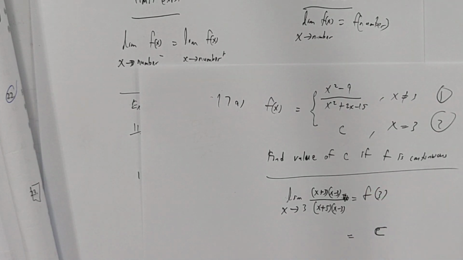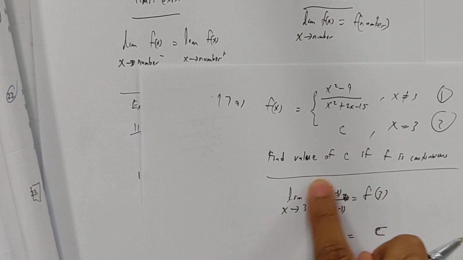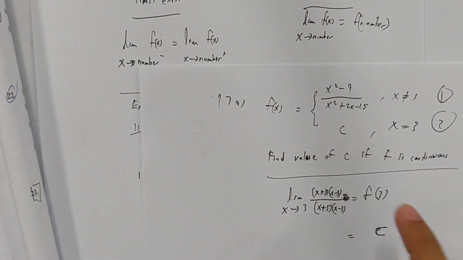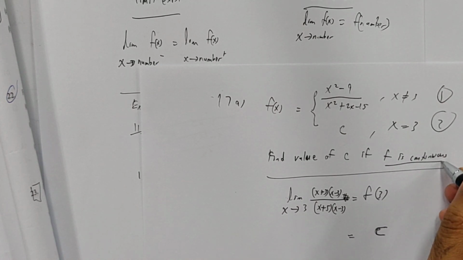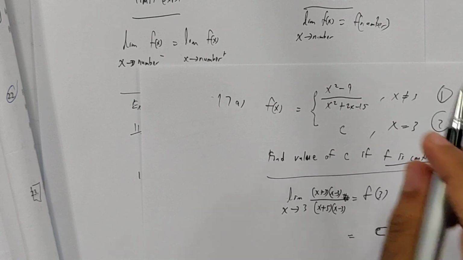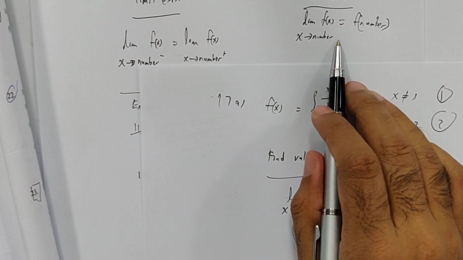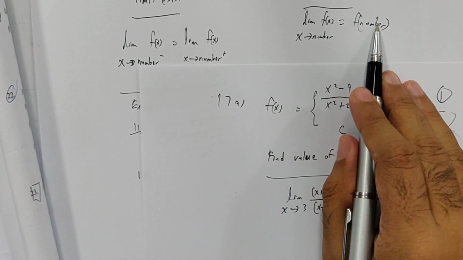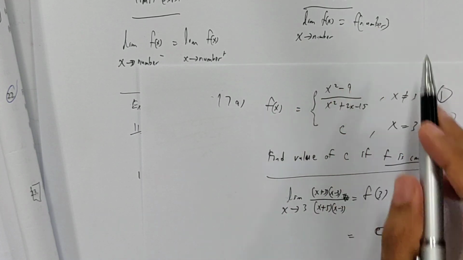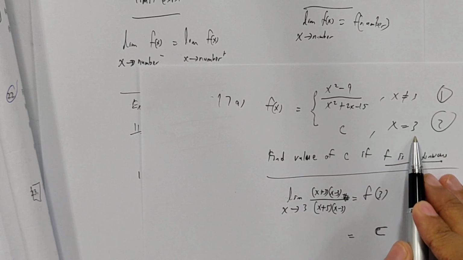Class, am I too fast? Do you want me to repeat again somewhere? Which part? How do I get this thing? Okay, I know it's continuous. If continuous, what do I want to do? I want to use this formula. Basically, x approaching number and f(number). Which number am I doing now? We only got 3.